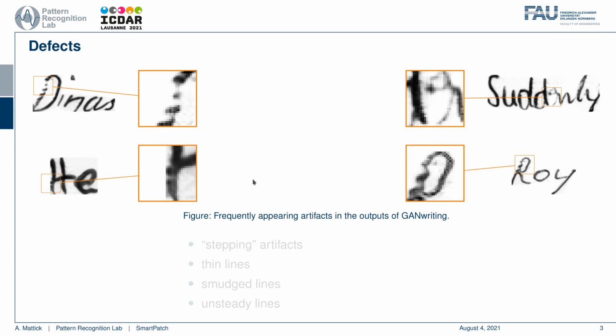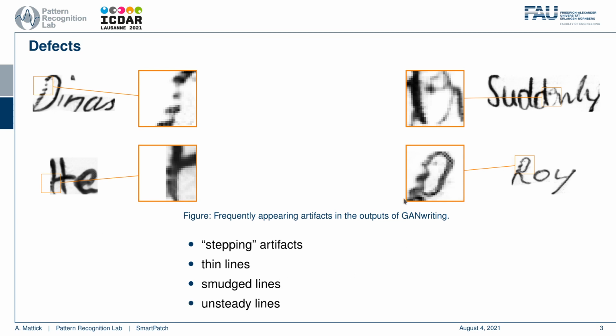These are some frequent defects. If we look at the top left, we have this stepping artifact, which happens a lot. Then we have these thin lines, for example the E in the middle of the word, which suddenly becomes very thin. We also have these smudged lines, for example in the H, where the tail is very smudged.